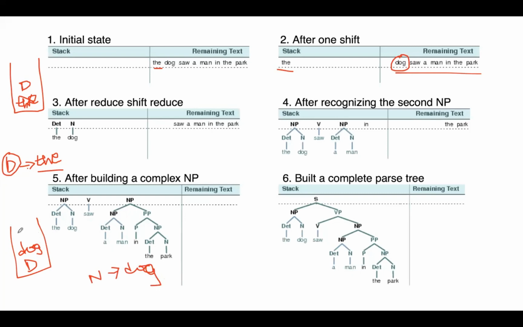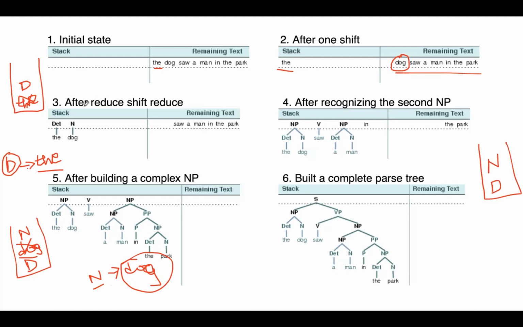Now match this element with the RHS of the production. As there is a match, replace dog with the LHS of the production, which is noun. So remove dog from the stack and replace it with noun. After the second reduce operation, the stack contains determiner noun.